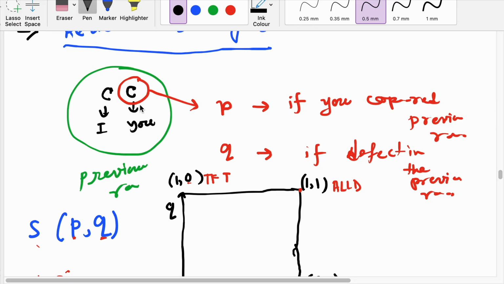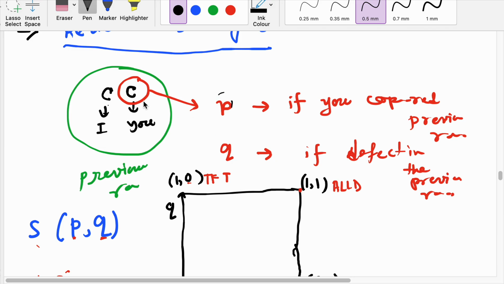If in the previous step we both cooperated, then since I observed that you cooperated, I will cooperate in the next round with probability p.